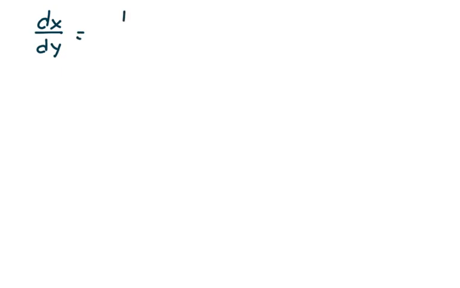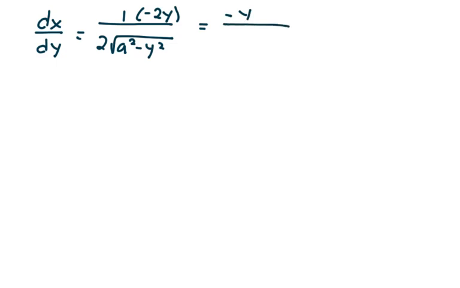dx/dy is 1 over 2 square root of a squared minus y squared times negative 2y. Chain rule. The 2's cancel and we get negative y divided by the square root of a squared minus y squared.